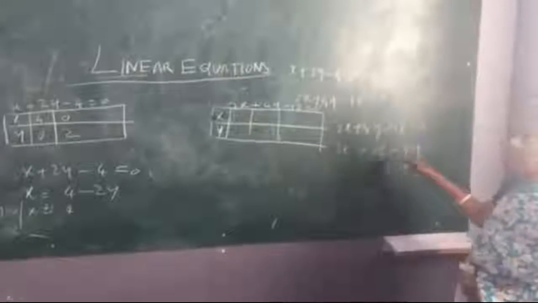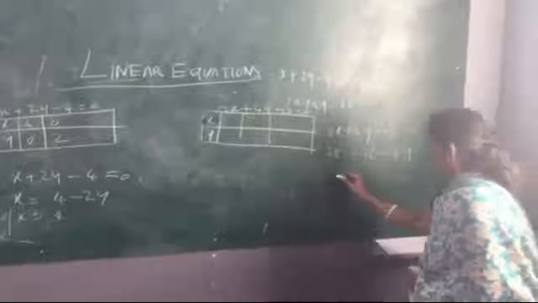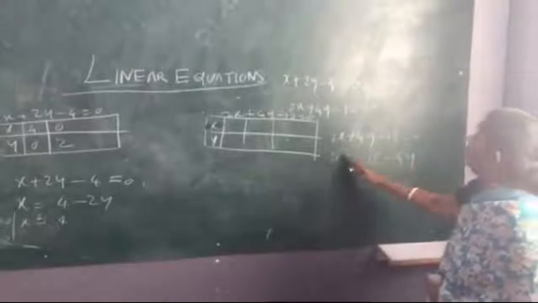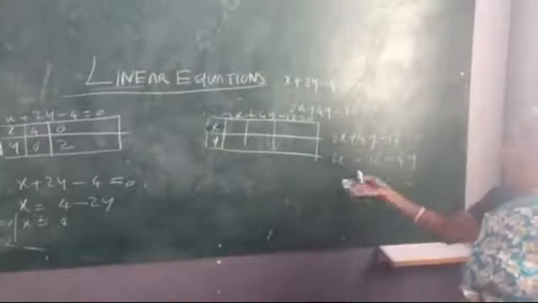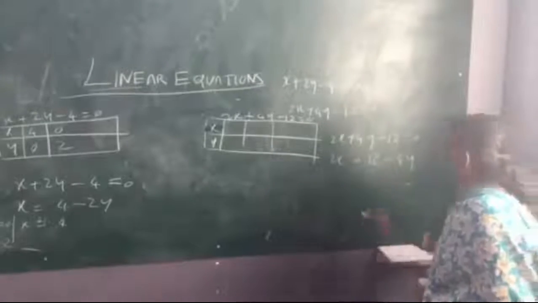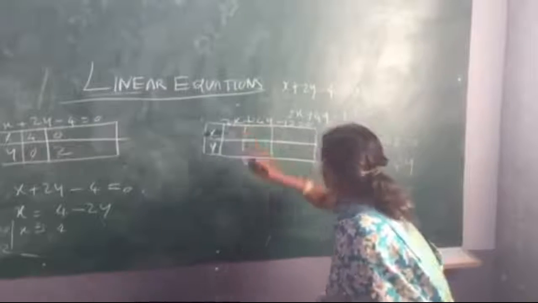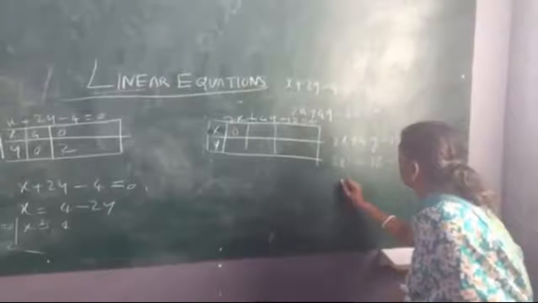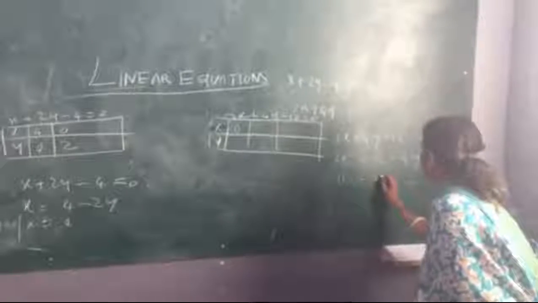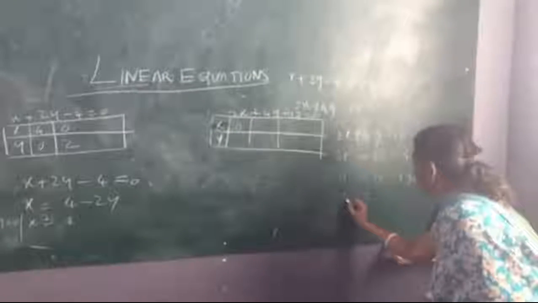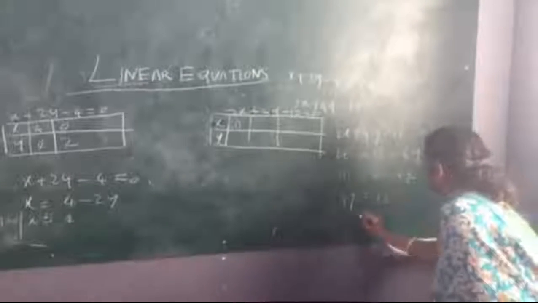Since all the coefficients are even, you can always give even numbers so that when you divide by 2, you will get an integral solution. For example, if x is 0, 2 into 0 will be 0, equal to 12 minus 4y, which implies, bringing 4y to this side, y will be 3.